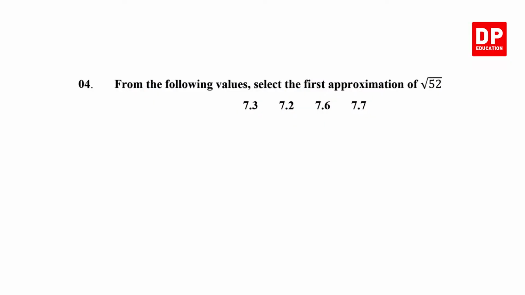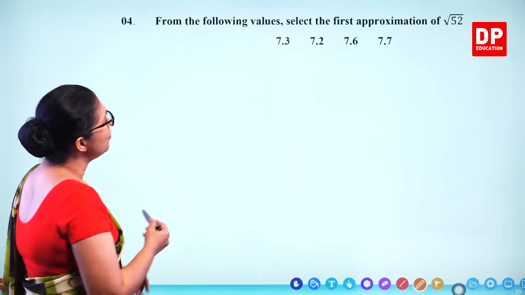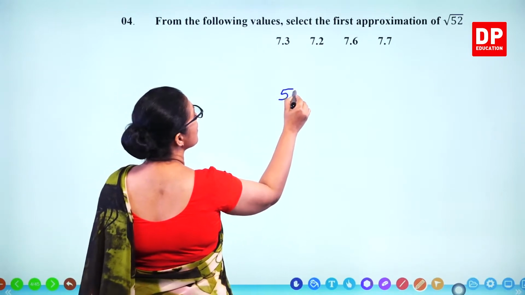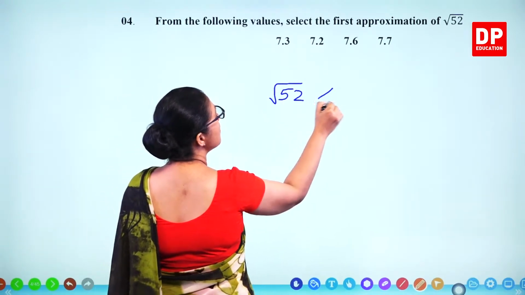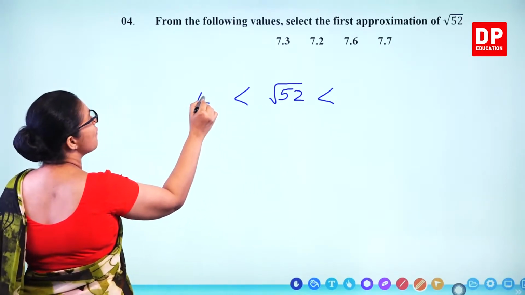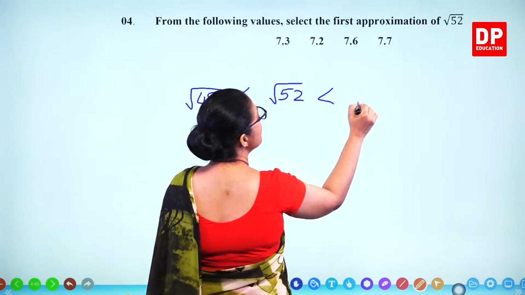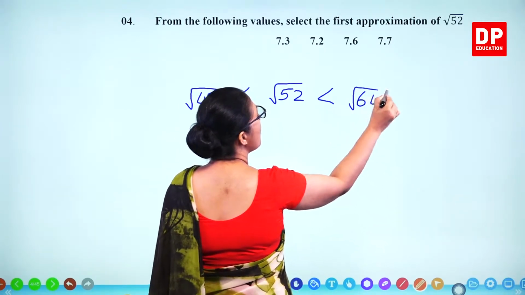From the following values, select the first approximation of root 52. So root 52 is in between which 2 square numbers? 7 times 7, 49, and here 64. Those are the square numbers.